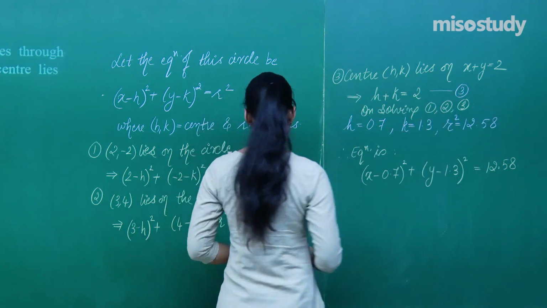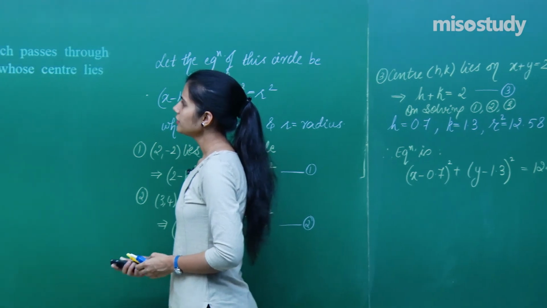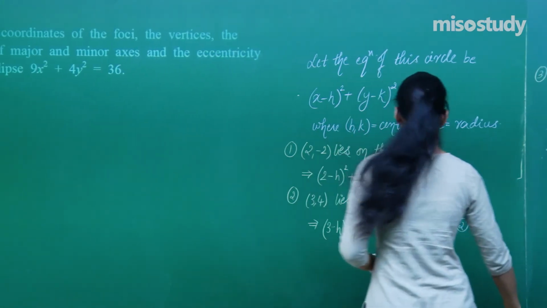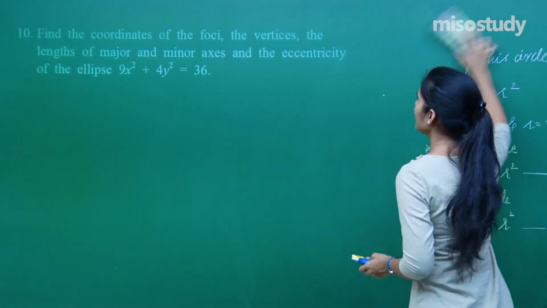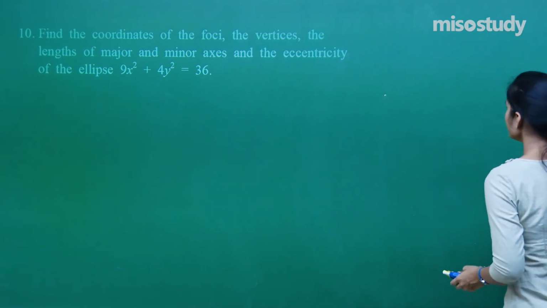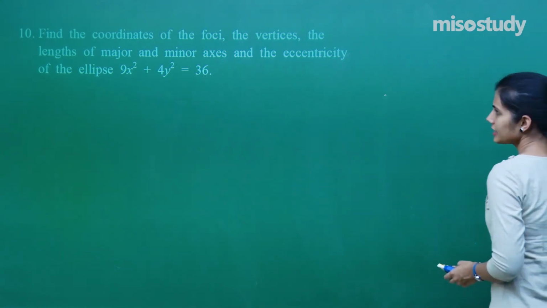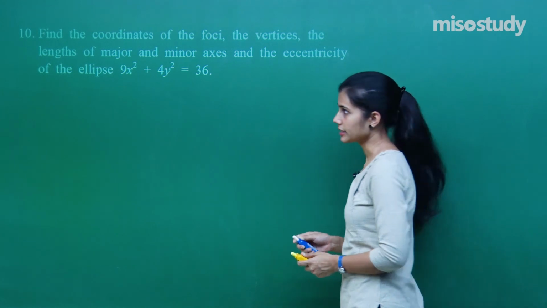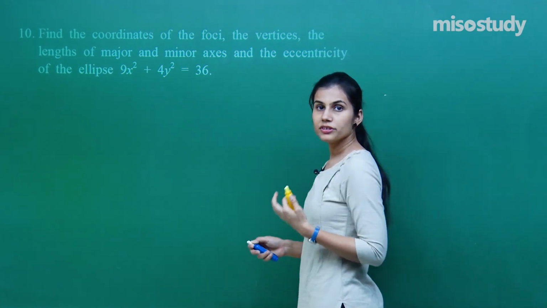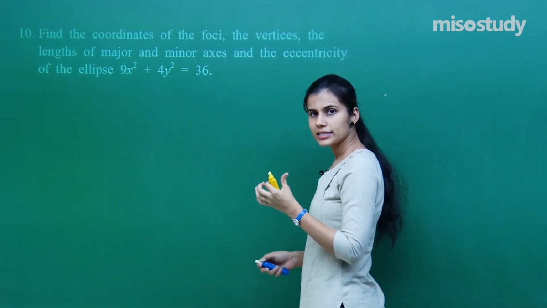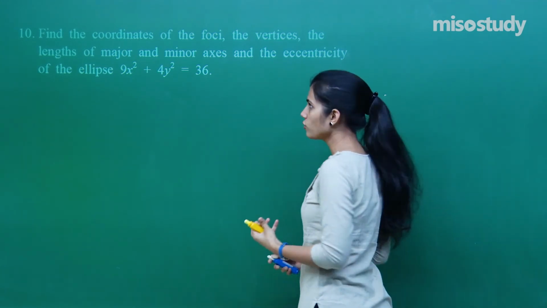Is it clear? Next we have: find the coordinates of the foci, vertices, length of the major and minor axis and eccentricity of the ellipse 9x square plus 4y square equals 36. Now we have to decode from the equation whether the ellipse has its major axis along the x axis or the y axis.